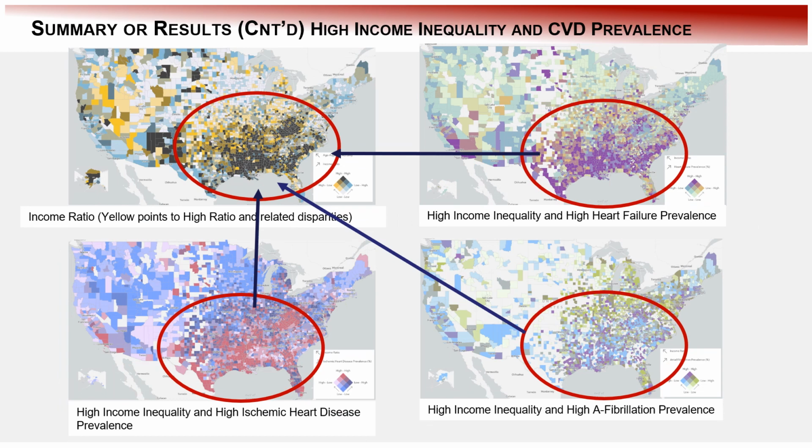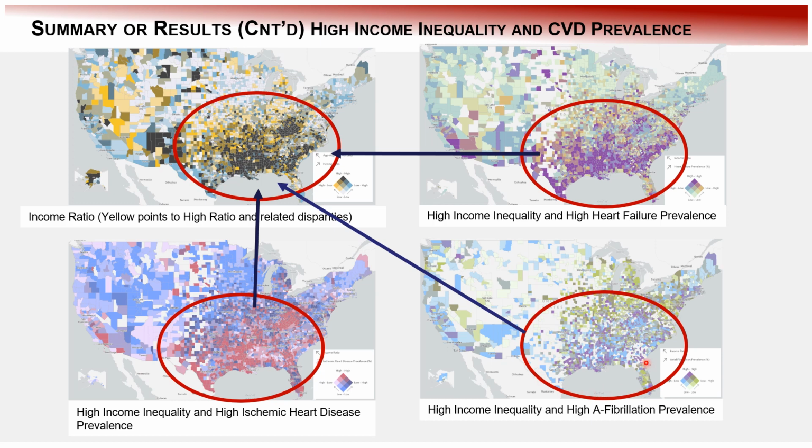Here we did a similar analysis, but for income inequality, high income ratio or higher income inequality. In the upper right, you can see high income inequality converging with high prevalence of heart failure, same area of the United States. Then we look at the bottom right map.